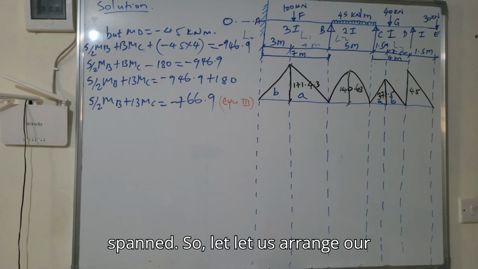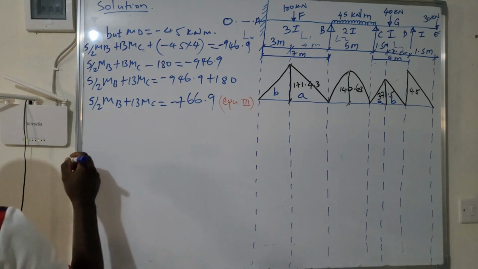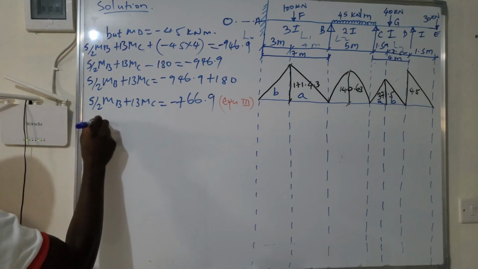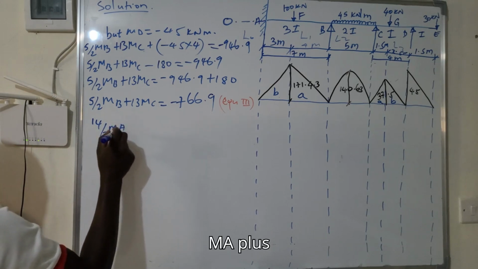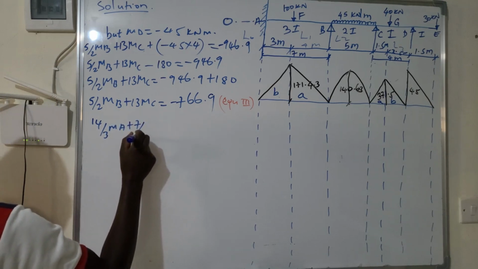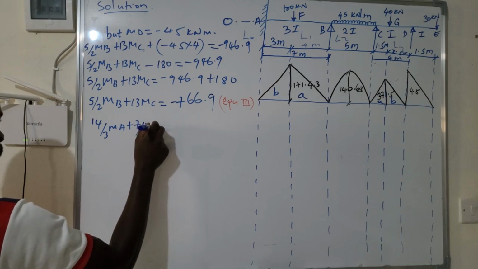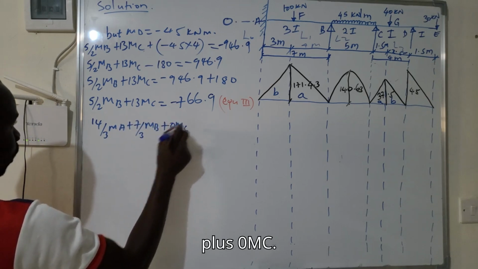So let us arrange our 3 equations in order. Our first equation was 14 over 3 MA plus 7 over 3 MB plus 0 MC.